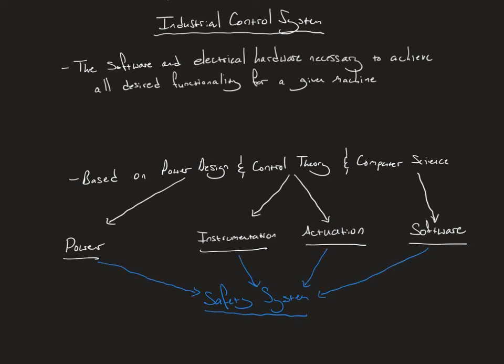Now, a class that was purely about industrial control systems would encompass a deep dive into each one of these topics, including safety systems. But for this short discussion, we're going to focus on instrumentation, actuation, and software.